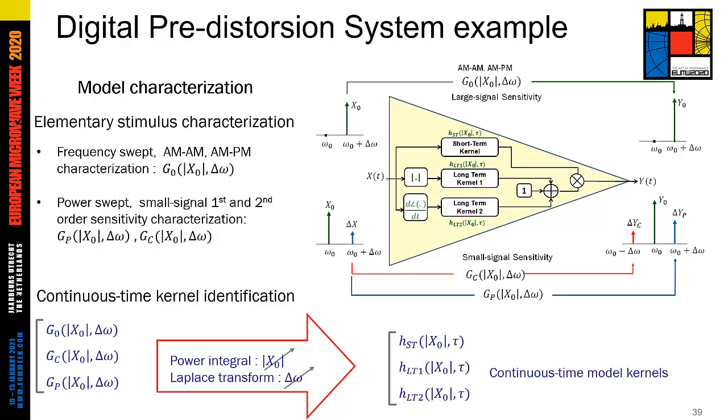The second path represents the long-term memory through two kernels characterized by a carrier frequency at the center of the operating band, and this carrier is modulated by a lower power tone. The characterization consists of varying the power of the central frequency and the frequency spacing between the two tones. This type of characterization can be done in circuit simulators.